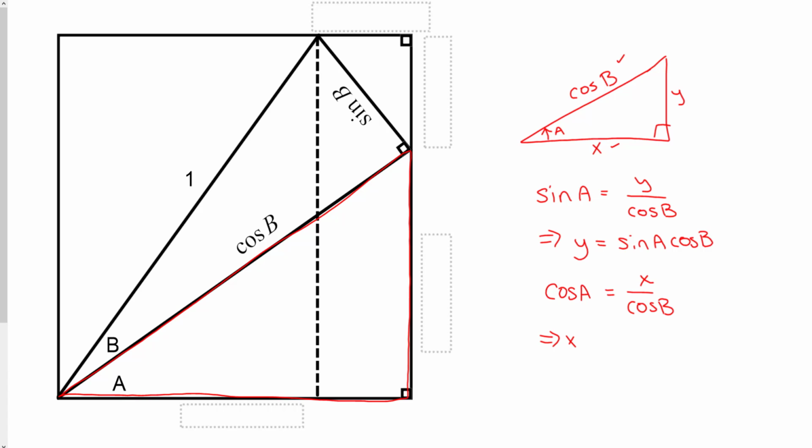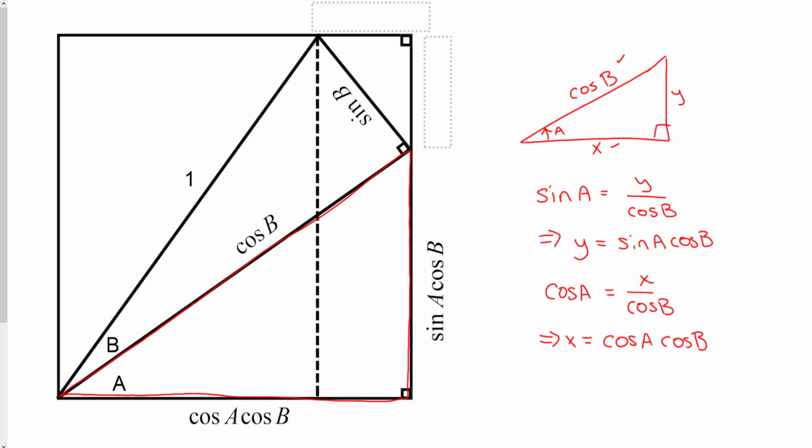So this means that length x is going to be cosine A times cosine B. So for this red triangle, the length of the bottom is cosine A cosine B. The length here is sine A cosine B.